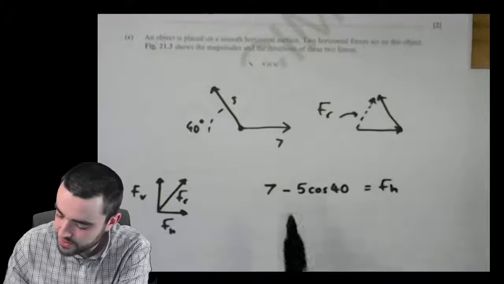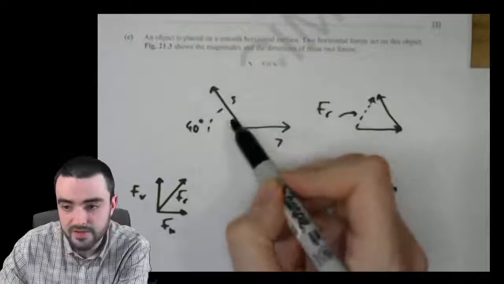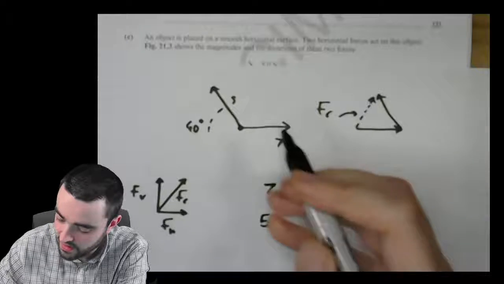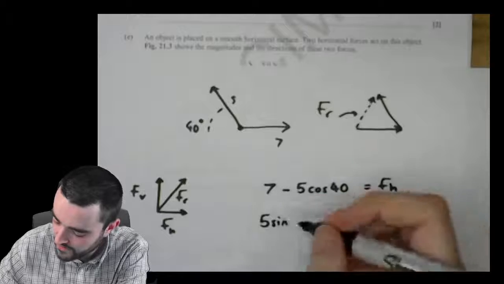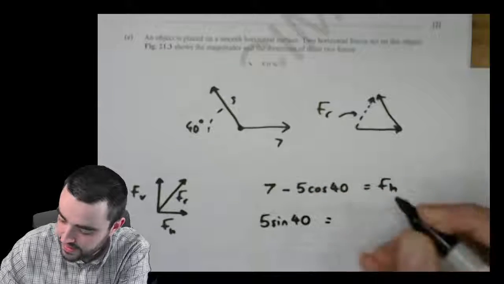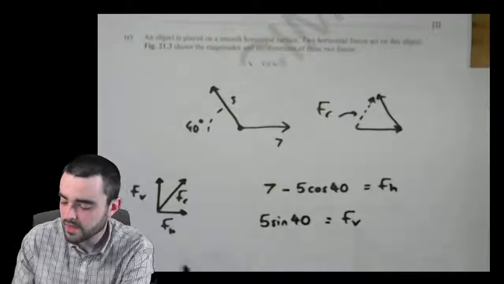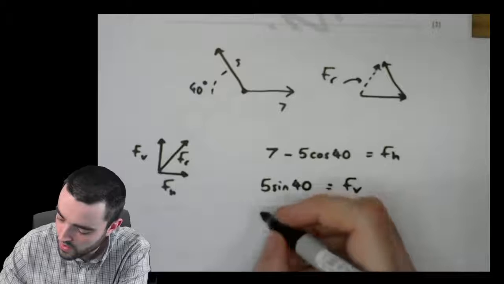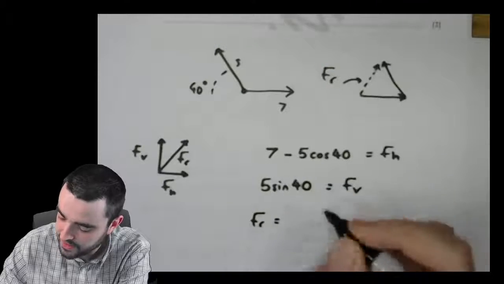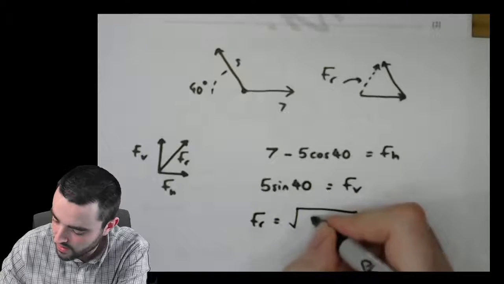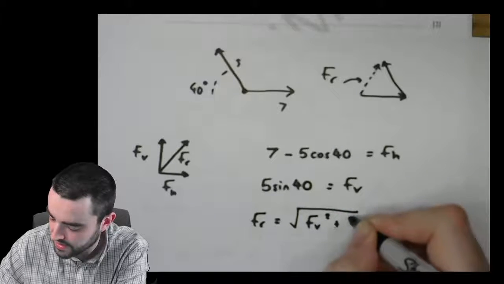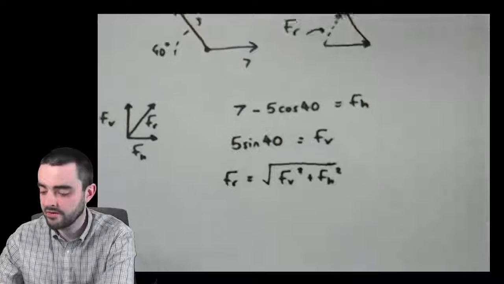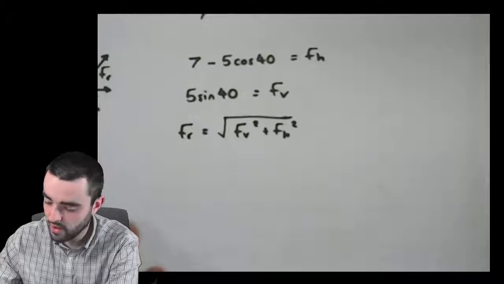What about the force vertical? Well, that's going to be more simple. Only the 5 newtons has got a vertical component. So there's going to be 5 sine, because we're turning away from that angle. 5 sine 40 is equal to the force vertical. So how do we find the force resultant? Well, Fr is going to be equal to the square root of Fv squared plus Fh squared. It's just going to be Pythagoras theorem. So now we can pop this in.